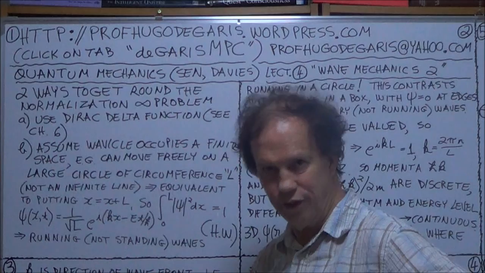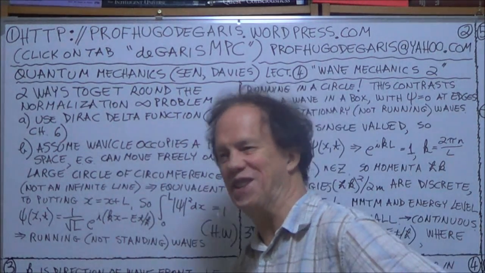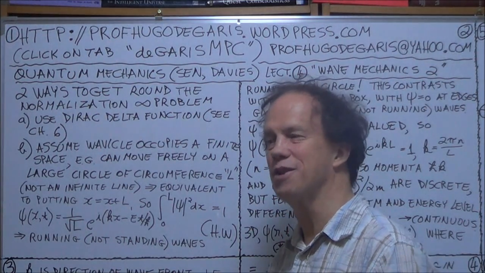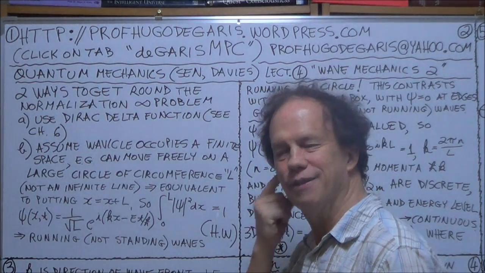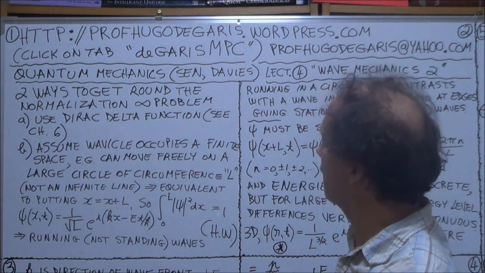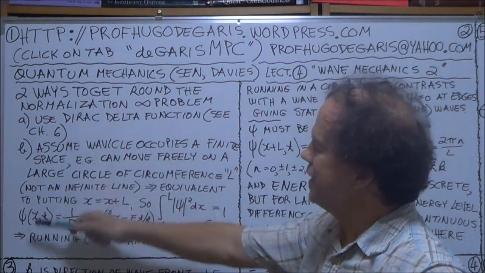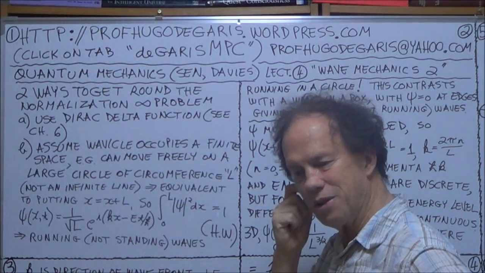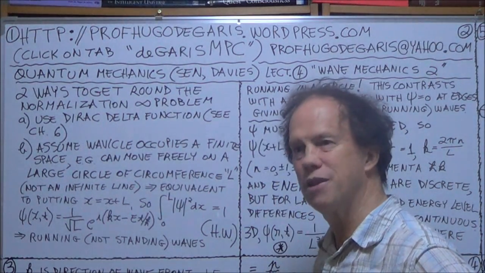Physics does not like infinities. Mathematicians love infinities, but not physicists. The real world, as far as we know, is not infinite.